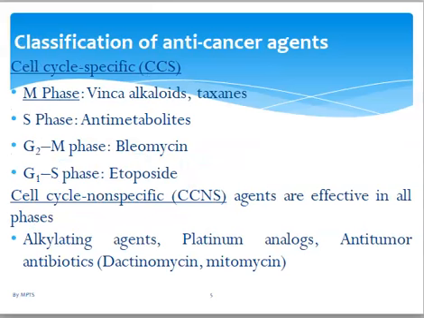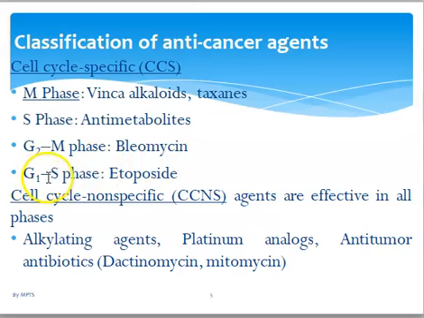Now, how do we classify anti-cancer agents? Of course, we have the cell cycle specific and cell cycle non-specific. For the cell cycle specific, we have the M phase specific, the vinca alkaloids and the taxanes. The S phase, we have the anti-metabolites. The G2 to M phase, we have bleomycin, of course an antibiotic.